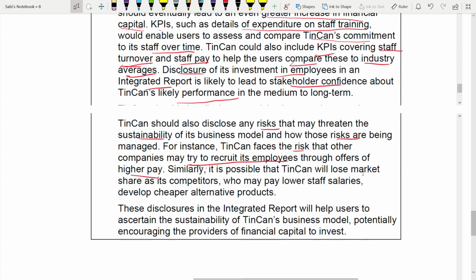Maybe the competitor companies are willing to pay higher than Tin Can is offering its current employees. So employees might go there, because the value is in the employees, they are at great risk. So it's possible that they might even lose their market share to their competitor, who may pay lower staff salaries and develop cheaper alternative products.